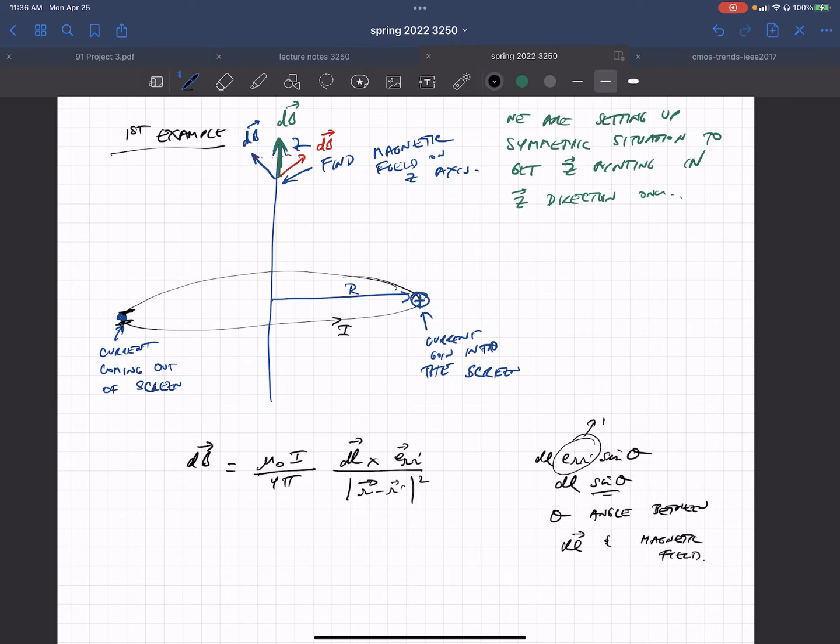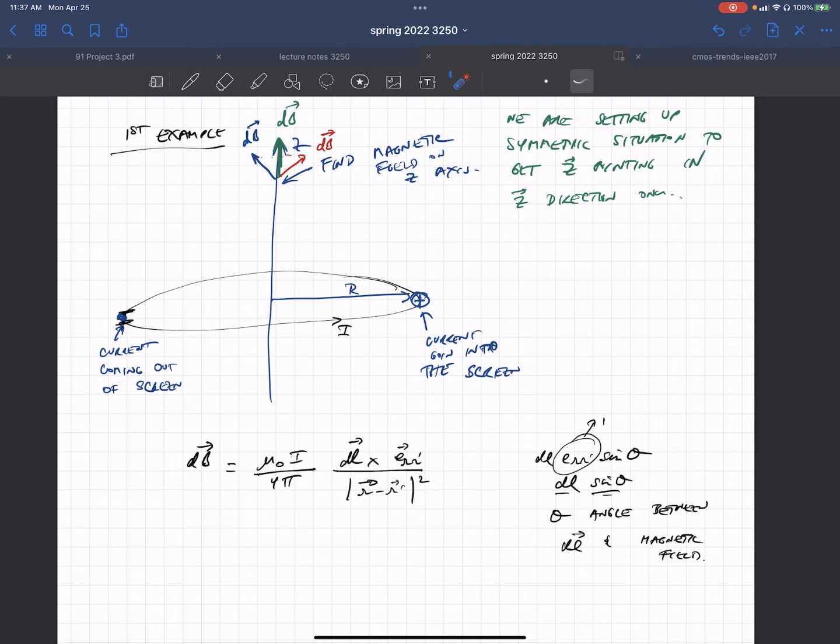So think of it this way. The dl is pointing perpendicular to the screen. It's coming out of the screen, and here it's going into the screen. And the magnetic field is in the plane of the screen.